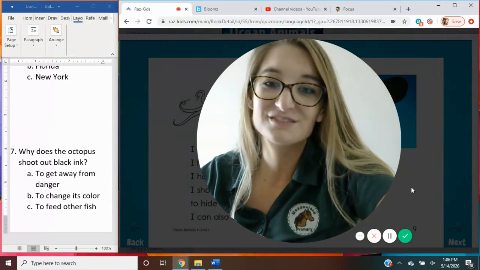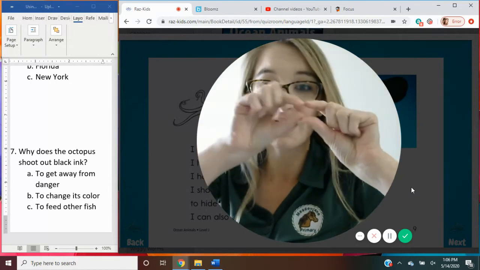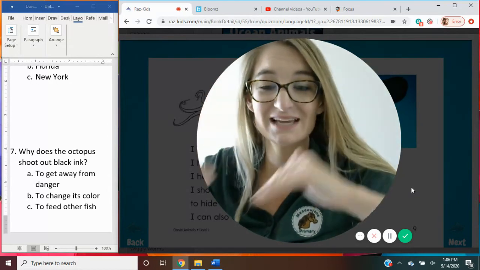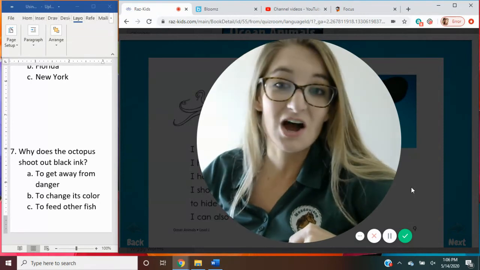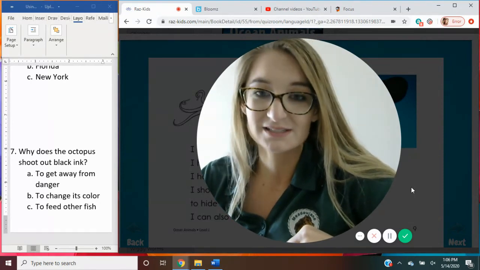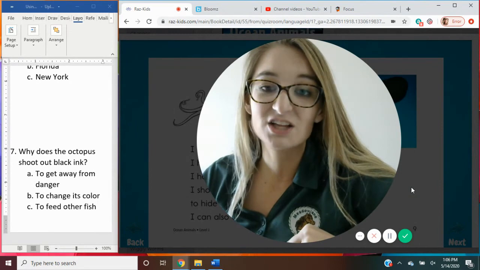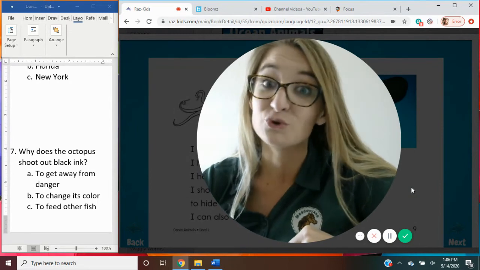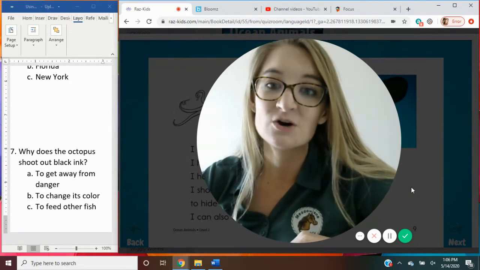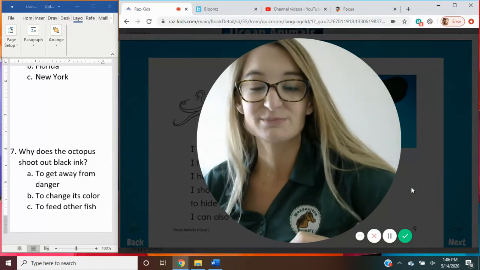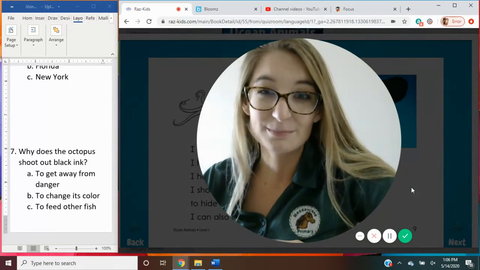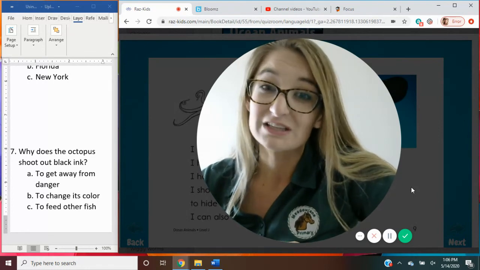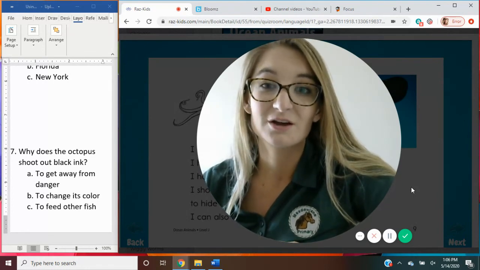There is a part of this lesson where it will have almost like a fill in the blank sentence with a drop down. The drop down, parents, does not read the children the choices. So it's very challenging and the words are unique vocabulary words. So if you are able to sit with them, especially for that part, please read them the words on the drop down so that it gives them a really fair choice of answering the questions.